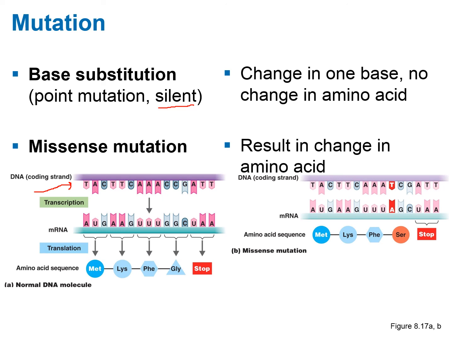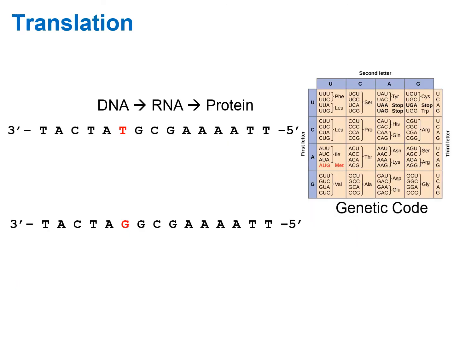Okay, so let me show you this. Now here is the same DNA sequence from the other slide. All I've done is I've changed one nucleotide and I've highlighted it in red so it's easy to spot. So in our original sequence we had a thymine there, but in our new mutant sequence we have a guanine instead. Okay, let's see if I can remember what the amino acids were.